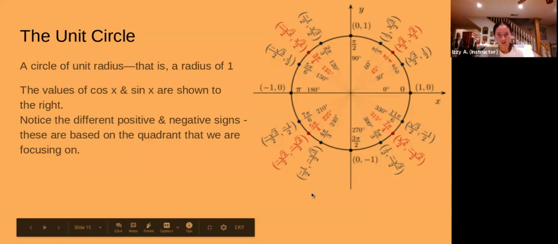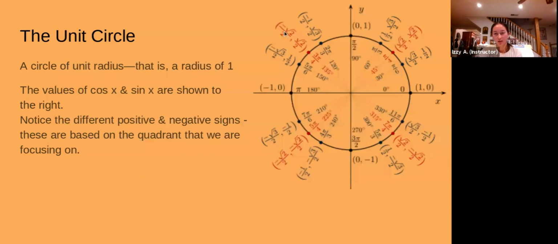I created flashcards, but you will notice that there is a pattern, and we have gone over that pattern with the first quadrant when we were going over the table.